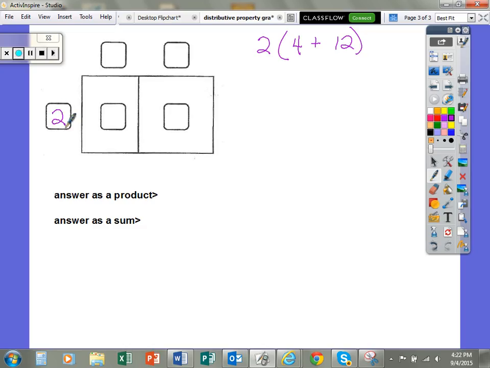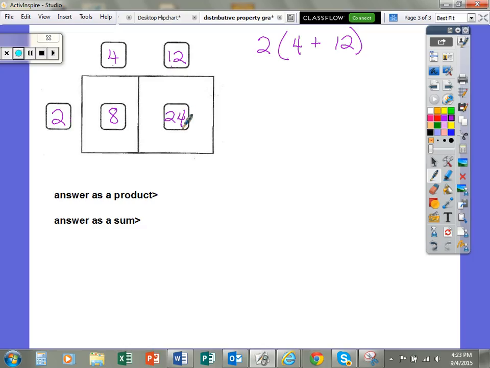We put the number outside the parentheses in the box to the left, and we put our add-ins on the boxes at the top. Then we simply multiply the 2 times each addend. So 2 times 4 is 8. 2 times 12 is 24.